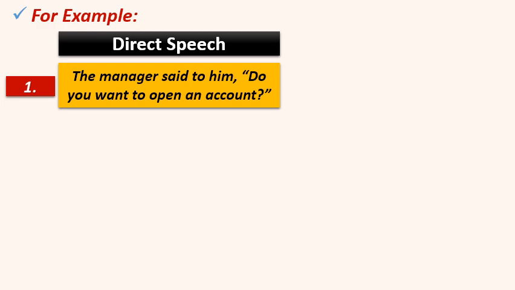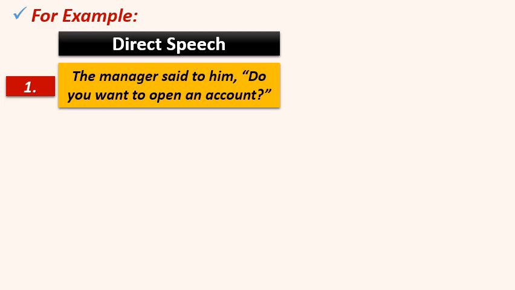The first sentence is: The manager said to him, "Do you want to open an account?" So in interrogative sentences, we are changing the reporting verb from say, said to ask or asked as per the sense. And we don't use "to" after ask, asks or asked. Now according to rule number 4, the conjunction if or whether is used before the reported speech if it starts with a helping verb.